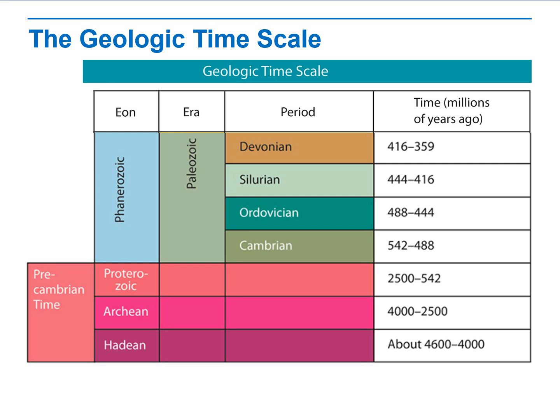The Proterozoic eon began 2.5 billion years ago and lasted until 542 million years ago. The Phanerozoic eon began at the end of the Proterozoic and continues to the present.